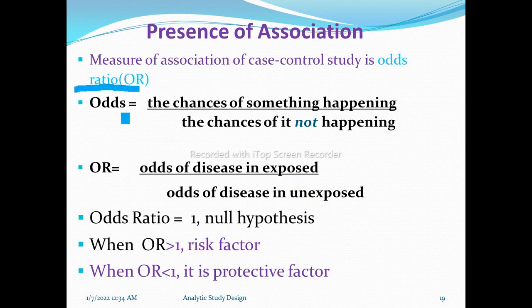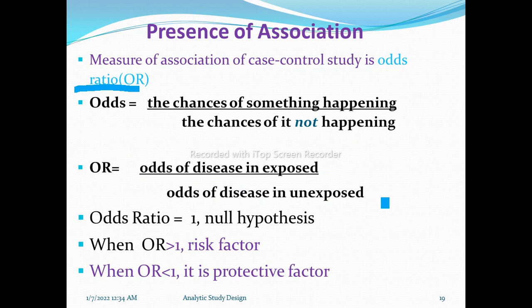Odds means the chance of something happening, or the probability of an event happening over the probability of the event not happening. So the probability of happening is p, the probability of not happening is 1 minus p. So odds ratio means odds of disease in exposed over odds of disease in unexposed.